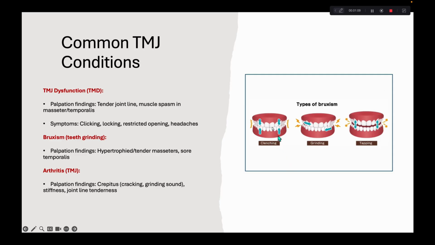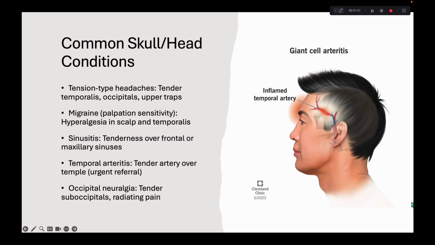The teeth grinding could be clenching, it could be the actual grinding back and forth, or tapping as well. Now remember, we can't diagnose anything, but typically a client will tell you they're having issues with their TMJ, or maybe they have been diagnosed and they've been sent to you to get massage therapy done.